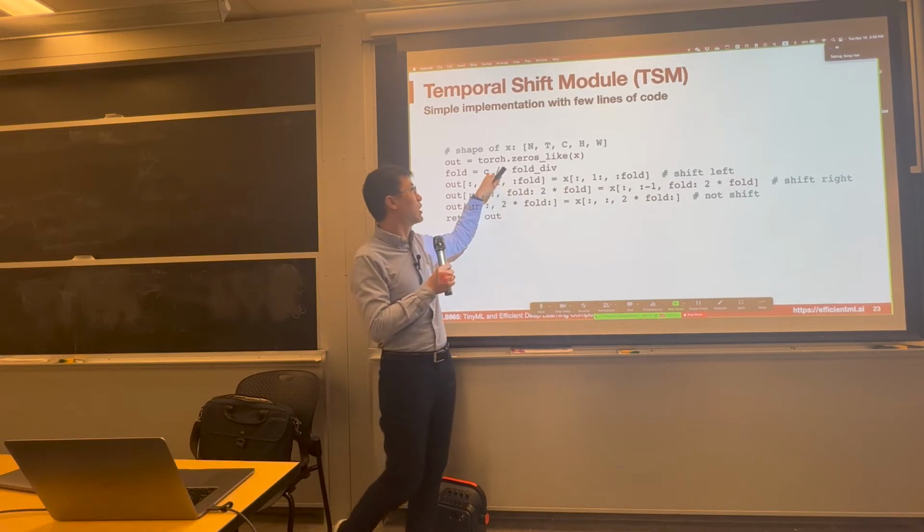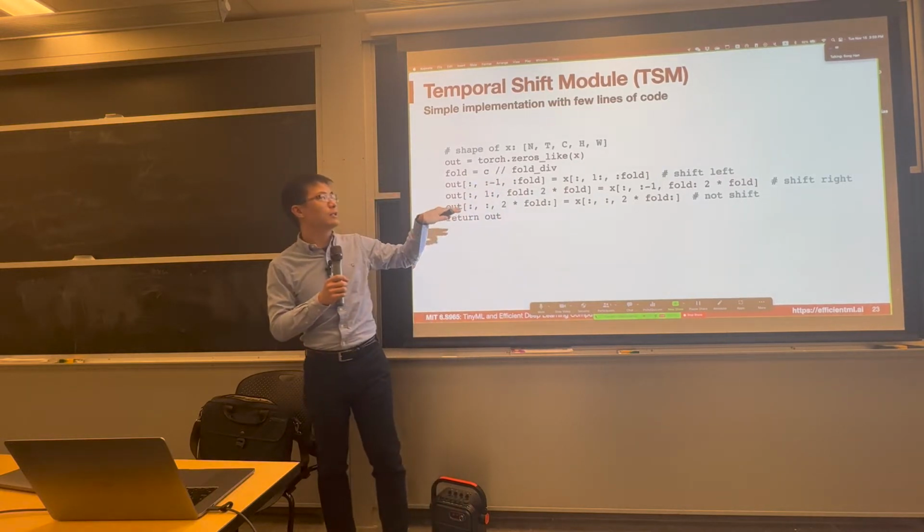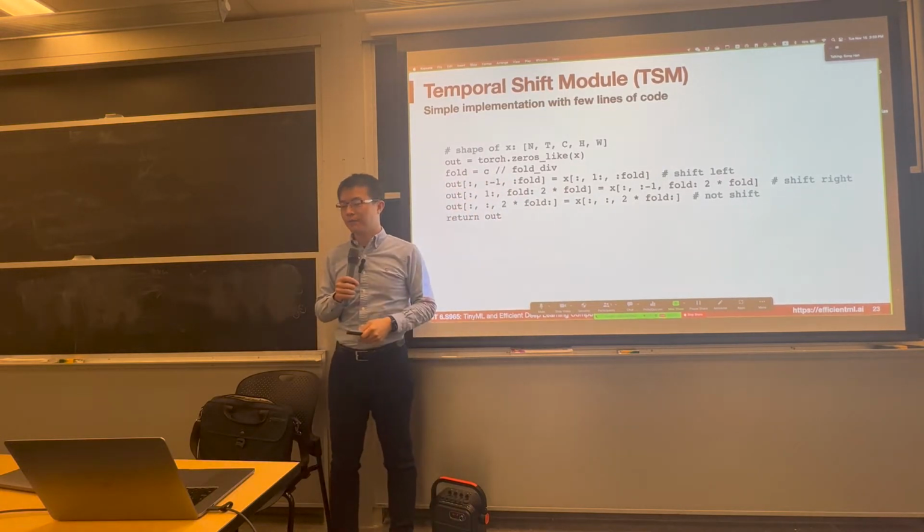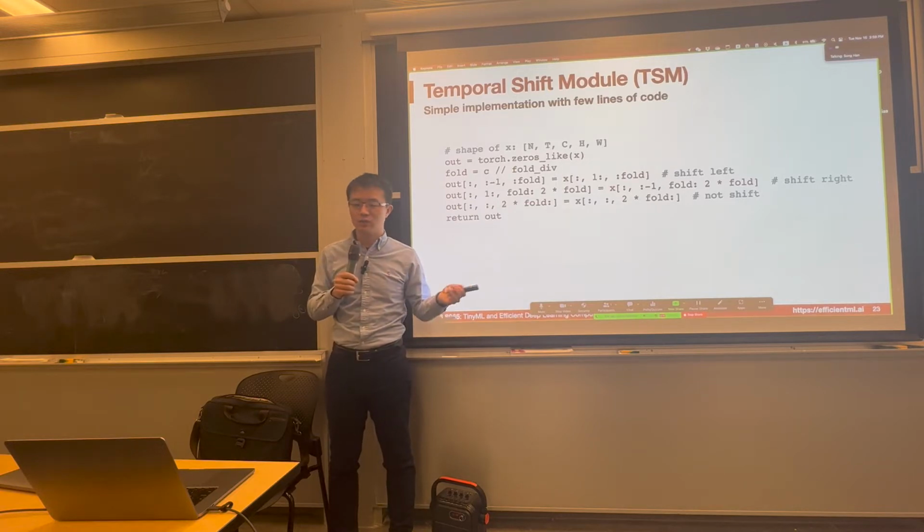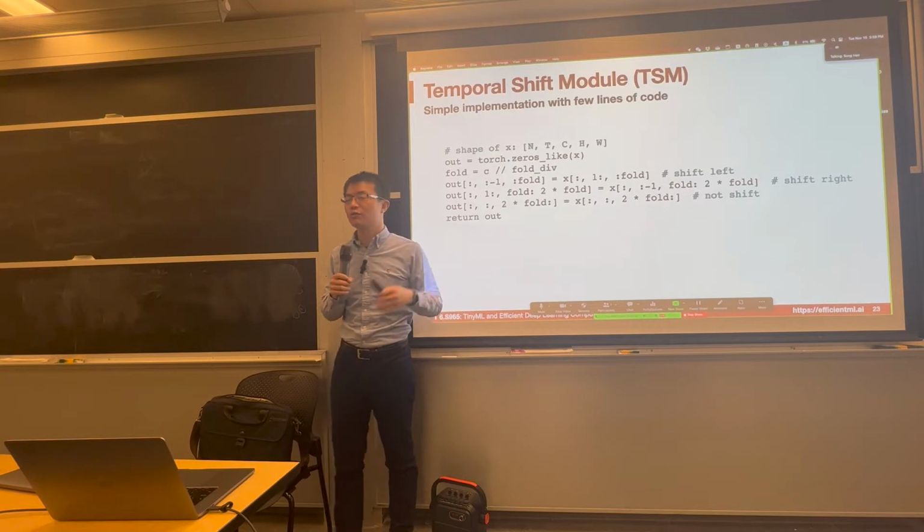So there is one hyperparameter. You have to decide the folding divisor. Are you shifting 1/4? Are you shifting 1/8? That's a hyperparameter we discussed to trade off between how much information you want to keep for the current frame versus how much information you want to get from the past frames and the future frames.